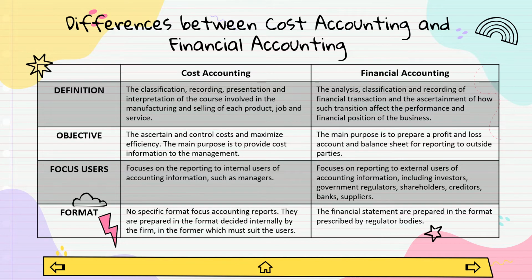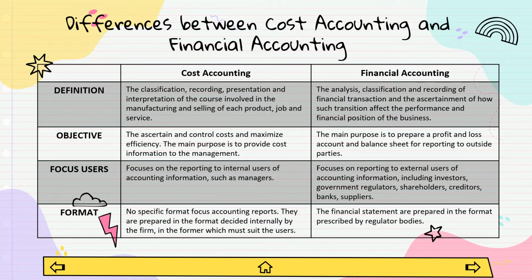These are the differences between cost accounting and financial accounting. The first one is definition. For cost accounting, the classification, recording, presentation, and interpretation of the cost involved in the manufacturing and selling of each product, job, and service. For financial accounting, the analysis, classification, and recording of financial transactions and the ascertainment of how such transactions affect the performance and financial position of the business.